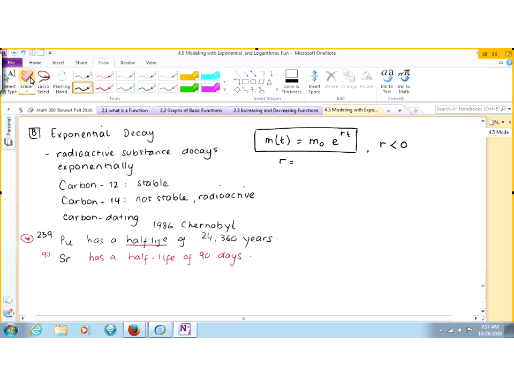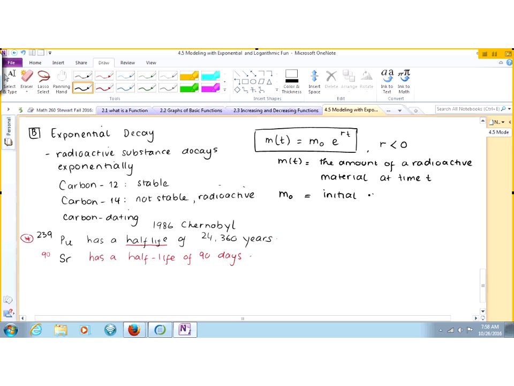So remember r. What is m of t? Let's define it again. m of t is the amount of material of a radioactive substance at time t. What is m naught?